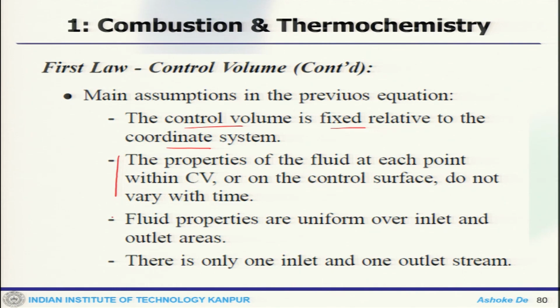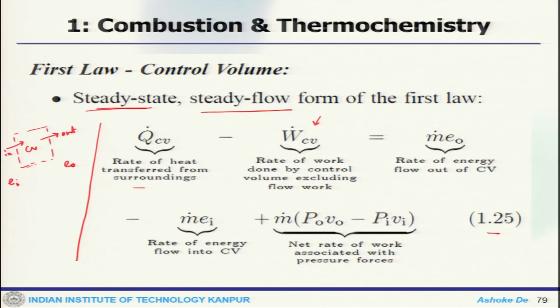Also, fluid properties are uniform over inlet and outlet areas, and you have only one inlet and one outlet stream. These are the assumptions we make to arrive at this equation for a control volume.